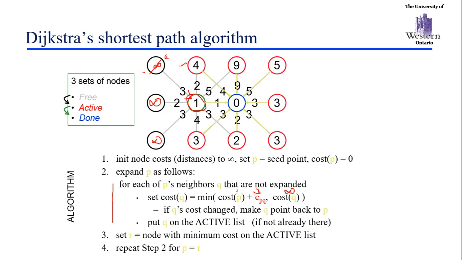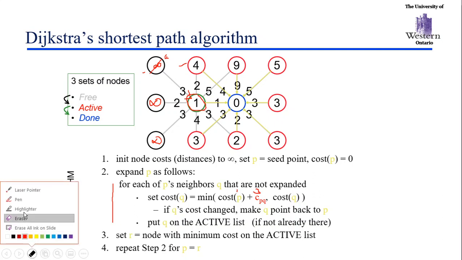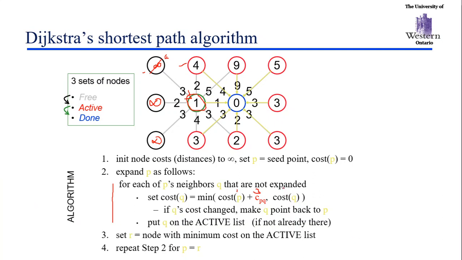And now let's consider this. So in this case, you can see q has the cost 4, and cpq is 2, p is 1. So actually 1 plus 2 is 3, which is less than 4.